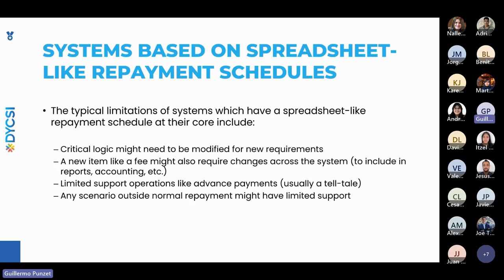The typical limitations of systems that have this spreadsheet-like tabular logic at the core include that critical logic might need to be modified for new requirements. So again, if you need to calculate a new item or you need to do anything off the beaten path, you might need to modify the code for critical logic. A new item like a fee might also require changes across the entire system, because you might add that additional item like a fee to the calculation, but you might also need to add it to reports.